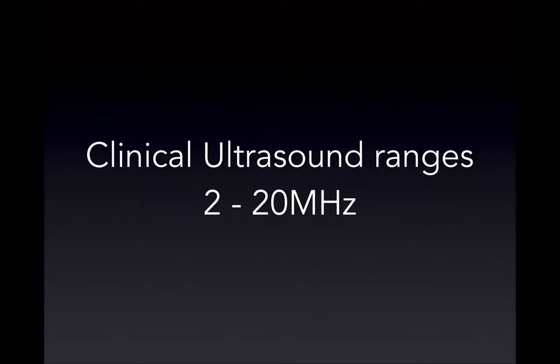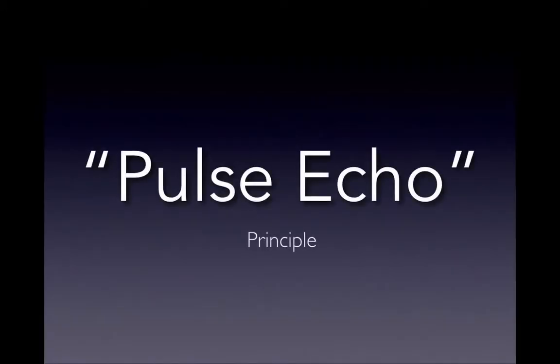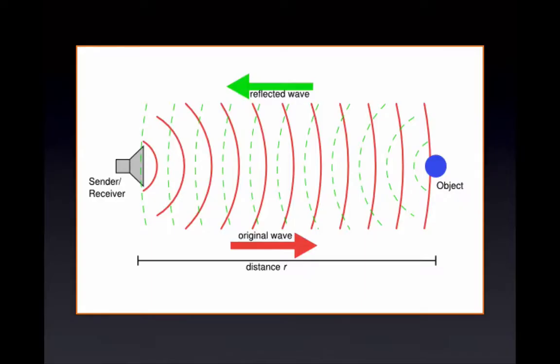An important point: clinical ultrasound, the one that we use, all those probes that we are going to be putting on patients and on each other, very important clinical ultrasound ranges in the millions of hertz, or the megahertz. And those probes, when you're putting them on a patient, function via a thing called the pulse echo principle. So basically, we have a probe over here, we have a sender, and it starts to send waves to the right, those red lines.